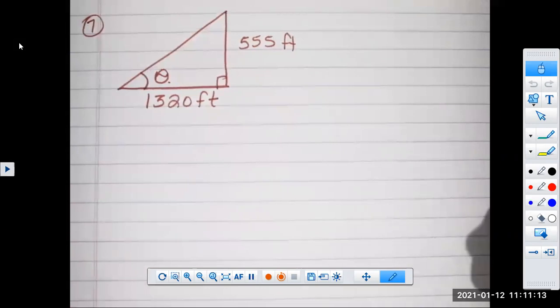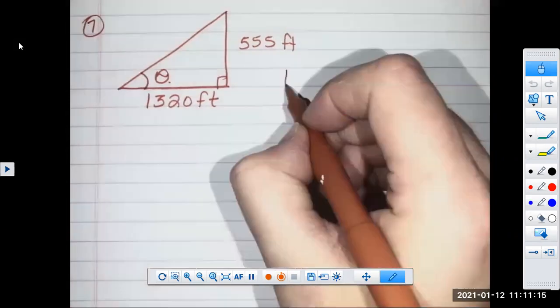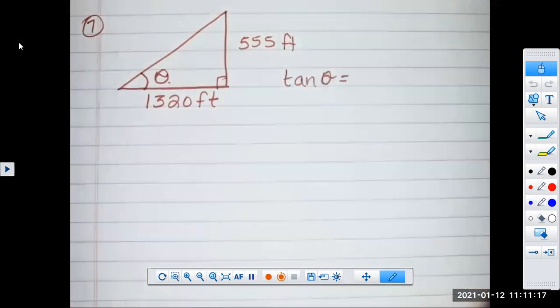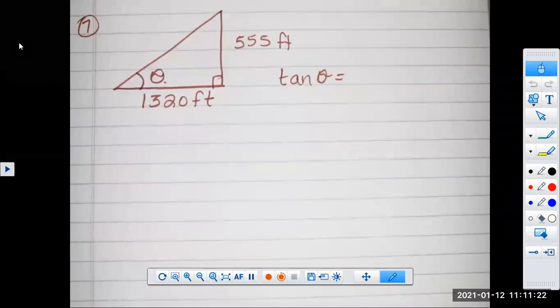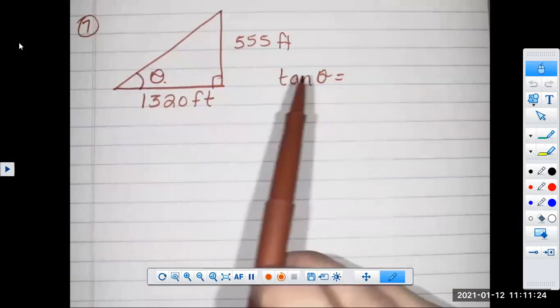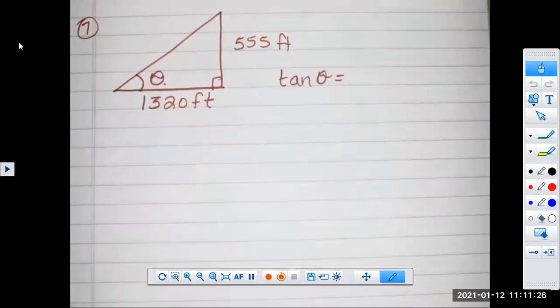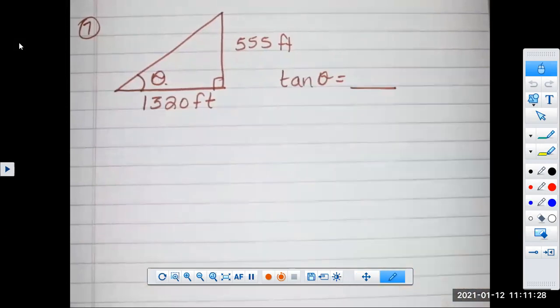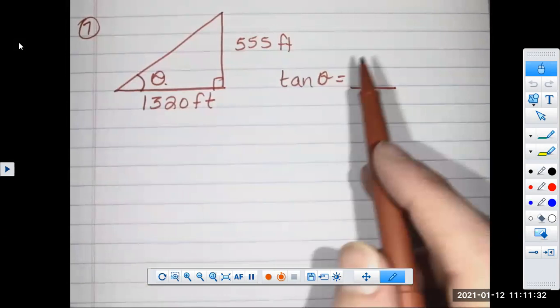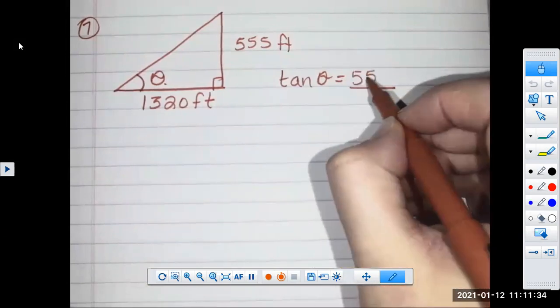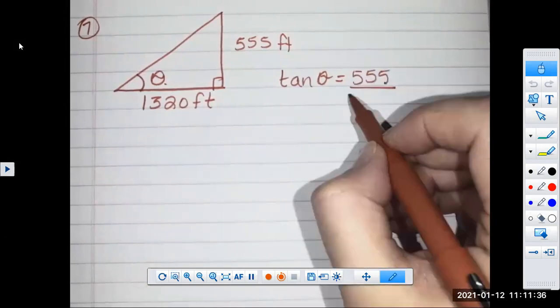Tangent. So you go through and set it up. That's what you always figure out first, of course, is which one you're using, sine, cosine, or tangent, and then set up your trig ratio. So tangent of theta, I don't know that angle, so I put theta, of course, that's what you're trying to find, equals your opposite side, 555, over 1,320.